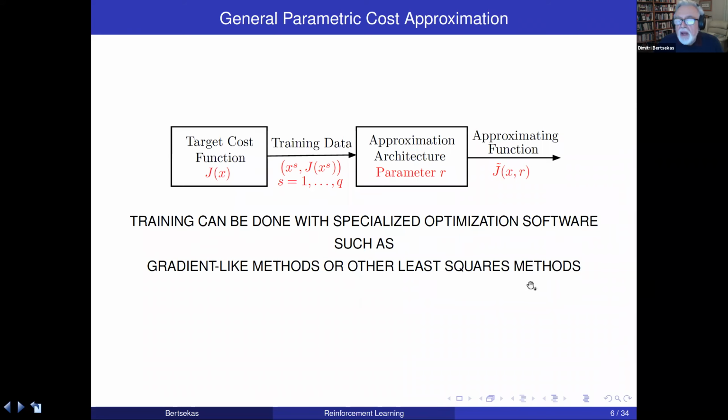We're going to say a few things about those as well. So that's the general structure of parametric cost approximation: a target function, training data, a family of functions, choosing an element from the family so that there is a good match between this and that. Are there any questions here?